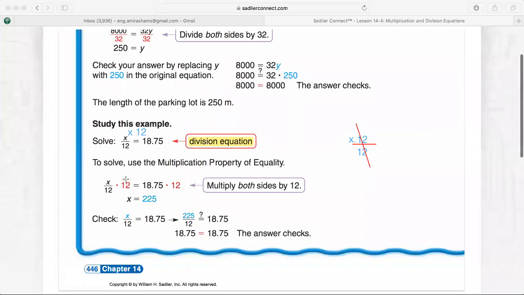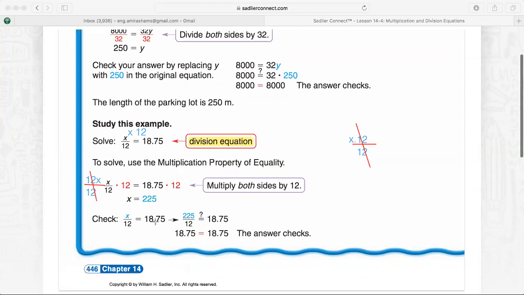If I apply the rules of multiplying fractions, I will multiply the numerators together, so it will be 12x, and multiply the denominators, so it will be 12. So I have here 12x over 12. So 12 over 12, they cancel each other.